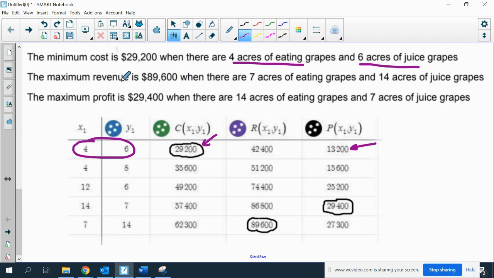Then another thing to point out is that the maximum revenue is not the same case as the maximum profit.